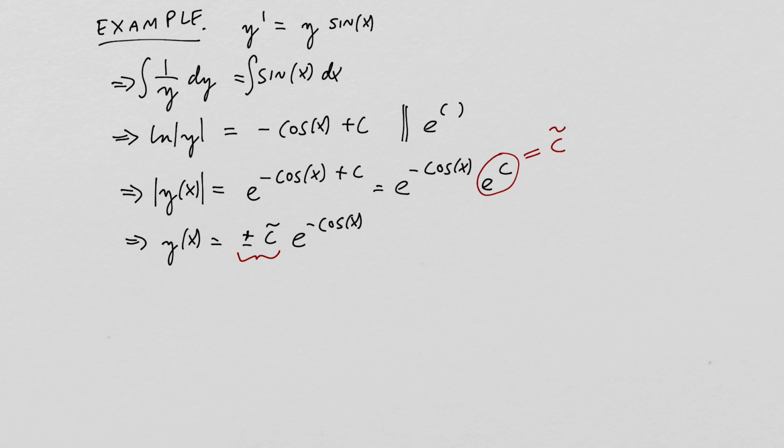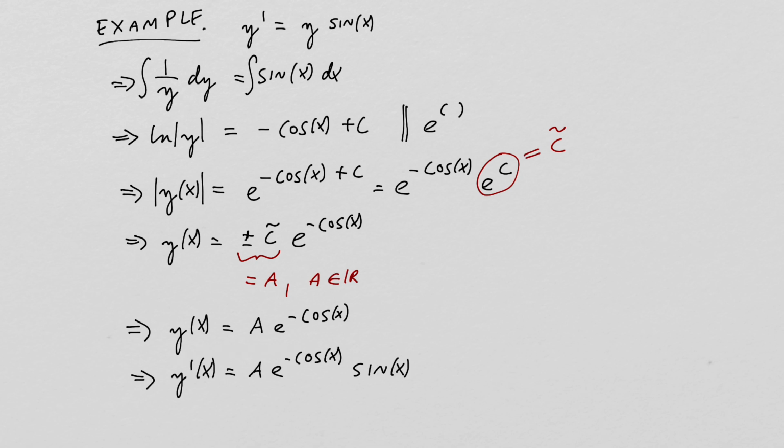So maybe we just call this constant a, and a is some real number. We obtain our solution. While calculating, it's also of course fine to check the answer. Now the derivative of y would be this, and we see that y solves the original equation.